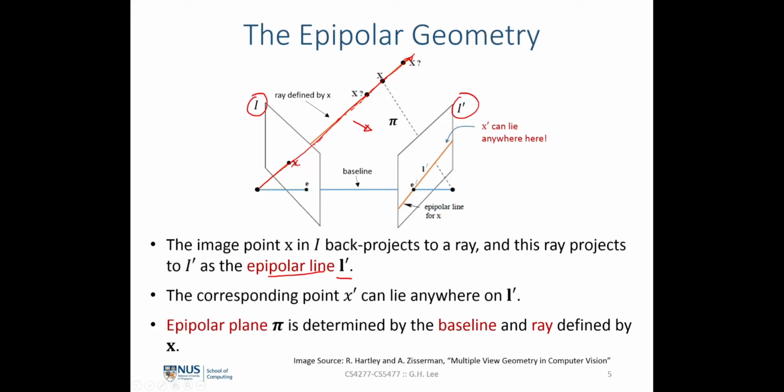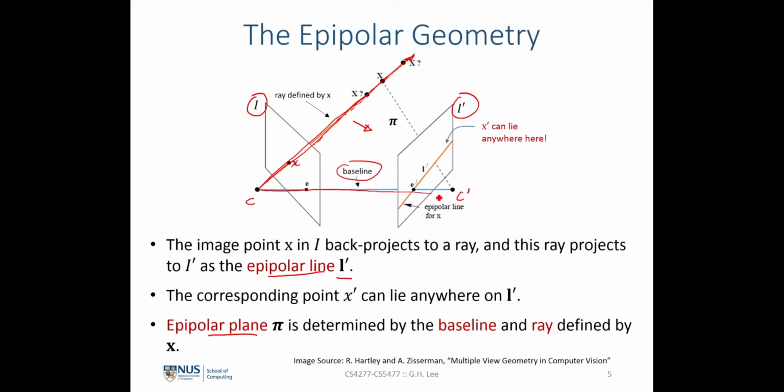We'll further define the epipolar plane, and this plane is simply the plane that is defined by the back projected light ray that we have seen earlier, as well as another line which joins the two camera centers that we denote as C and C prime here. We call this line the baseline.